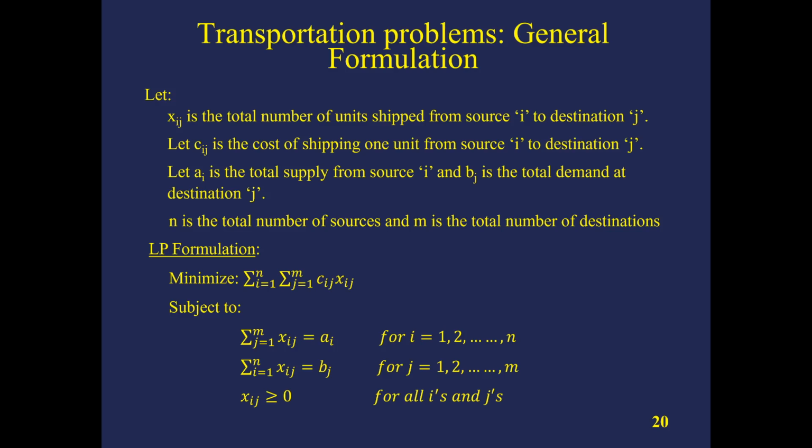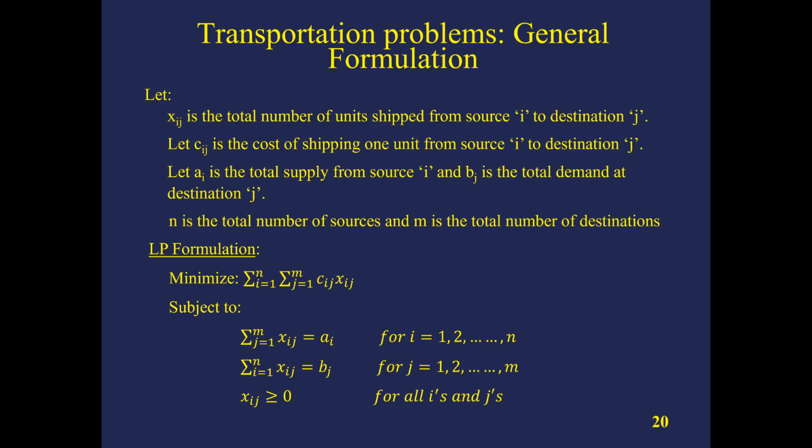Again, double subscript variables are useful in this kind of formulation. Xij is the total number of units shipped from source i to destination j, Cij is the cost of shipping 1 unit from source i to destination j, Ai is the total supply from source i, Bj is the total demand at destination j, N is the total number of sources, and M is the total number of destinations.